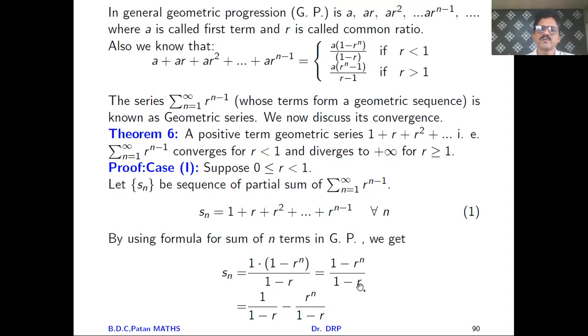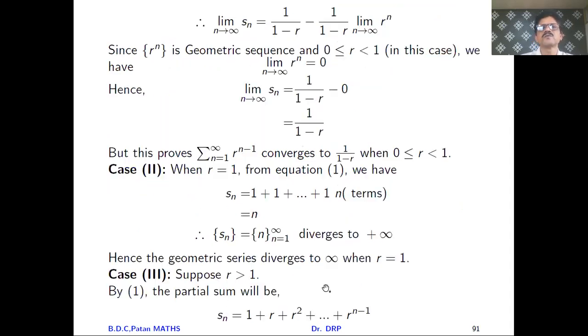If we take this as a separate division, it takes the form 1 upon 1 minus r minus r raised to n upon 1 minus r. Now we take the limit of Sn as n tends to infinity. No n is present in the first term, so we get that term as it is, 1 upon 1 minus r, which is a constant, minus 1 upon 1 minus r from the second term, taken outside.